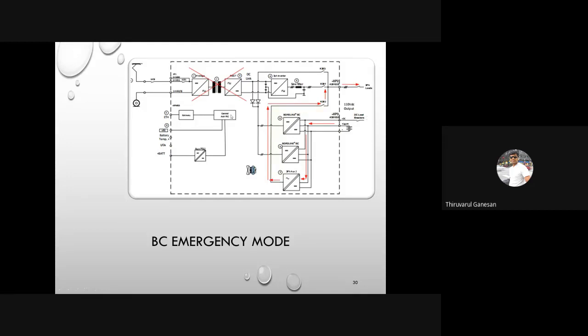For example, maybe your pantograph is not getting the overhead supply to your train. In Chennai Metro, it is the 25 kilovolt catenary system. If unfortunately, due to failure of the pantograph or the input breaker, isolation of the breaker, or the pantograph got burned out, you're not getting the catenary voltage here.